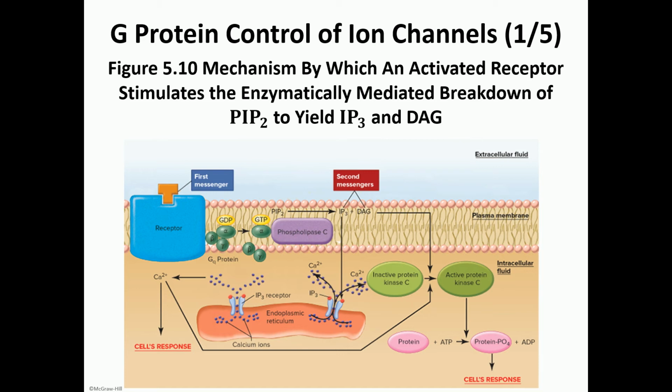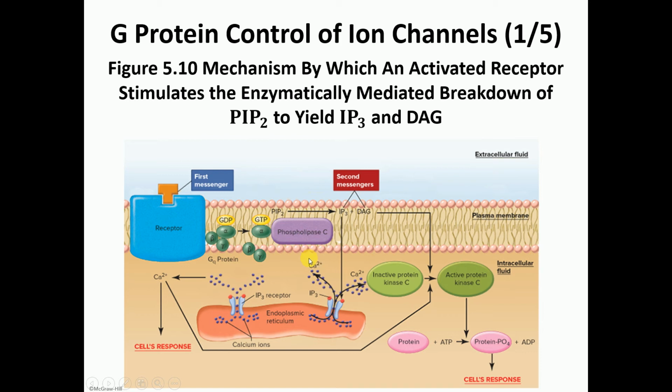Sometimes we need that calcium, for example, during muscle contraction. And IP3 would stimulate and open up the gates to release calcium from the smooth ER into the cytosol. So IP3 increases cytosolic calcium levels.